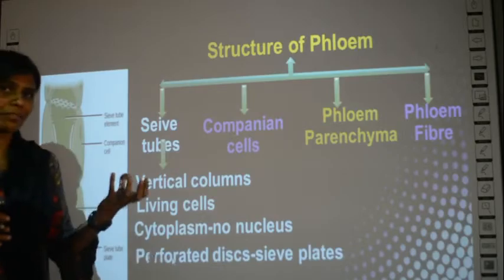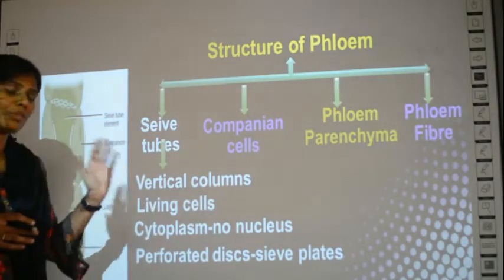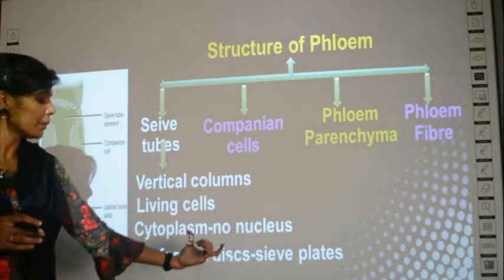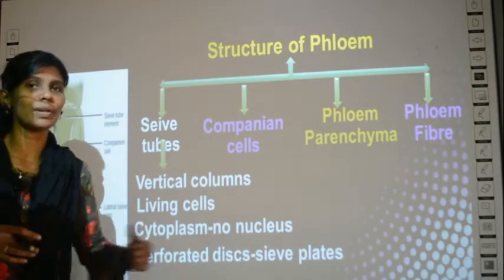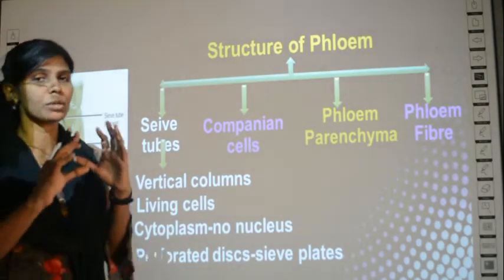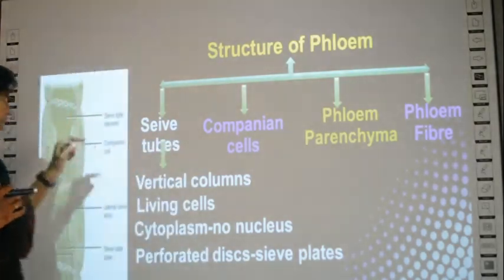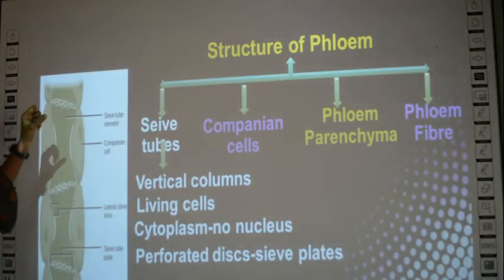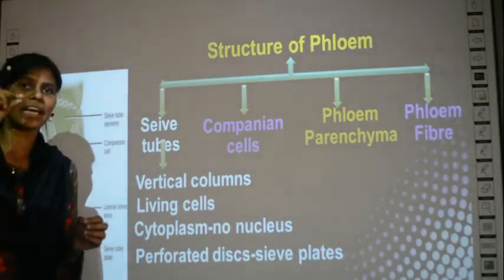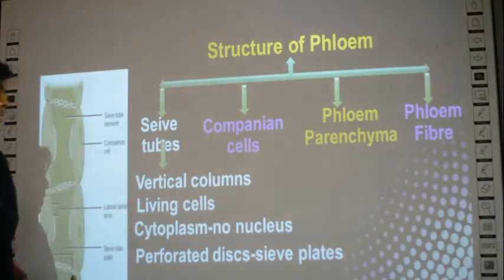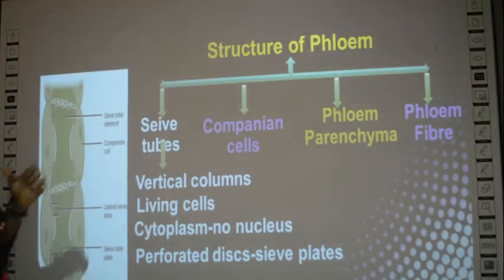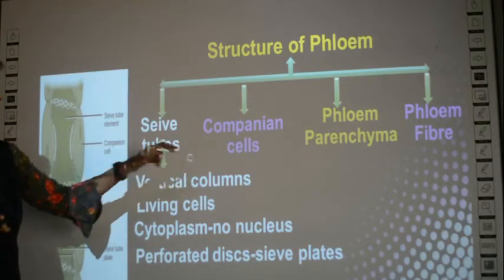Usually living cells have a nucleus, but these do not. As I told you, there are perforated discs called sieve plates. Perforation means a hole. So this disc, the sieve plate, is perforated, which means the plate has holes for the passage of food through them. This is about the structure of sieve tubes.